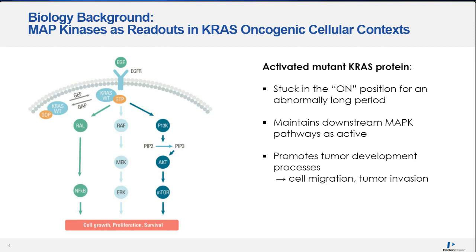KRAS mutations that cause oncogenic activity and different characteristics in different cancer types result in KRAS protein stuck in the GTP-bound form. When a KRAS protein is stuck in the on-state position due to the mutation, downstream effector pathways also remain active and tumor proliferation remains high.